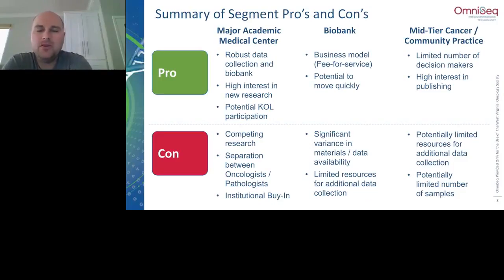Okay, moving on. So there are a number of pros and cons in terms of working with each one of these segments. And I wanted to be sure to call out the pros because although we're talking about challenges with precision medicine, I think it's important to look for the light at the end of the tunnel in these types of studies.